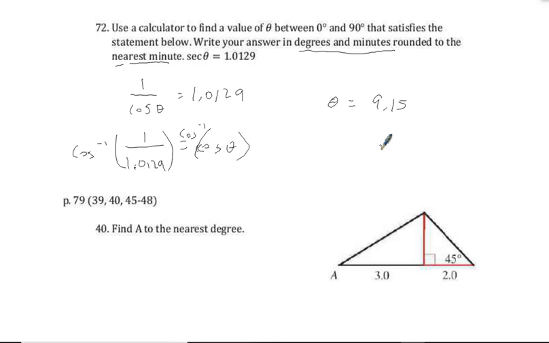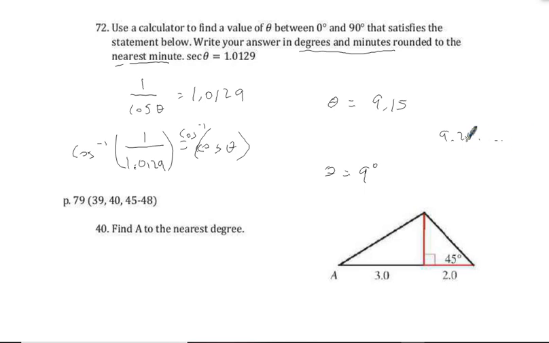What I'd like you to do is now subtract 9 so that you have just the decimal. We know our answer is going to have 9 degrees, but we have to find out how many minutes. And so if you take now that decimal 0.15, etc., and multiply by 60, you're then going to get 9.24, etc., and it continues.